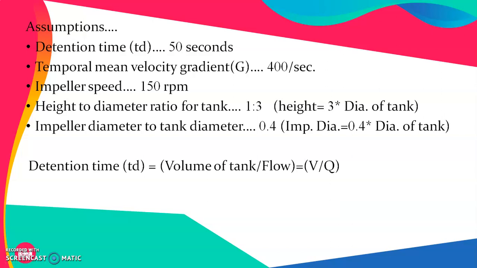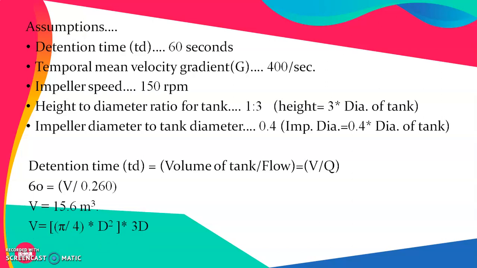So the detention time equals the volume of tank upon flow. As we have assumed it as 60, sixty equals V upon 0.260, which is the flow. So it will give us the volume as 15.6 meter cube.